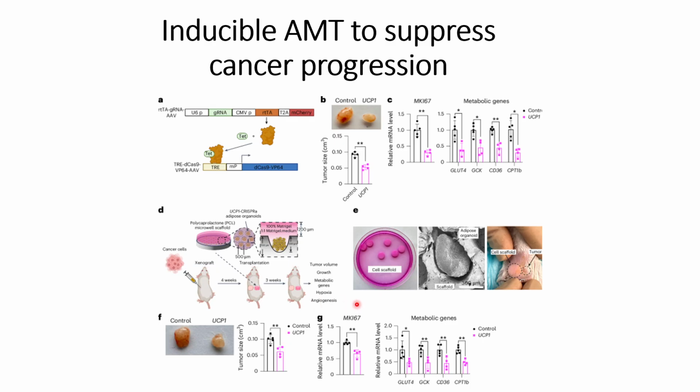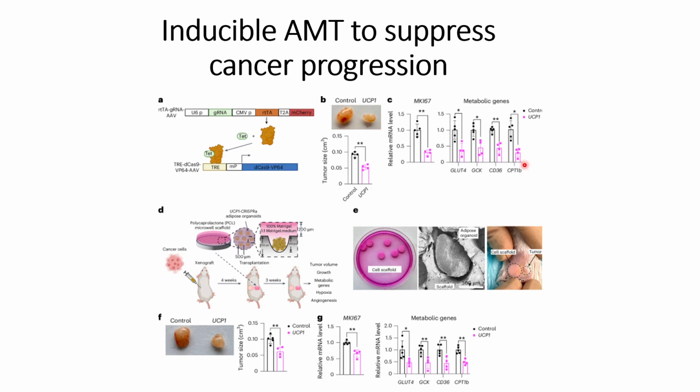Then they check the other parameters such as the proliferation marker MKI67, which also goes down, and the metabolic genes, that is glycolytic genes GLUT4 and GCK, also go down, and the fatty acid oxidation related genes, that is CD36 and CPT1, also go down.